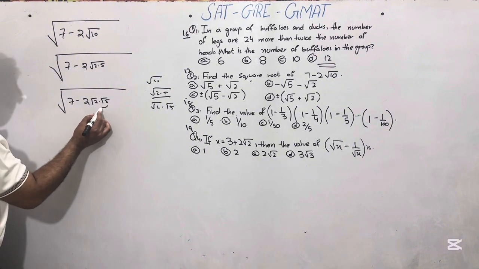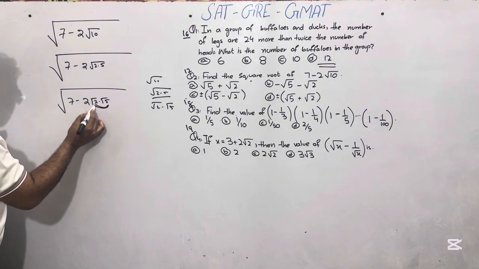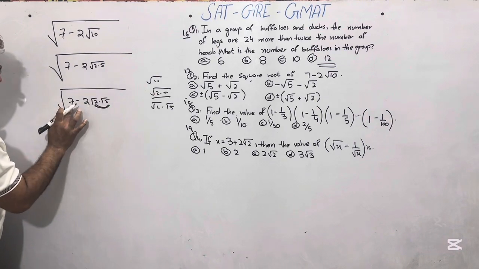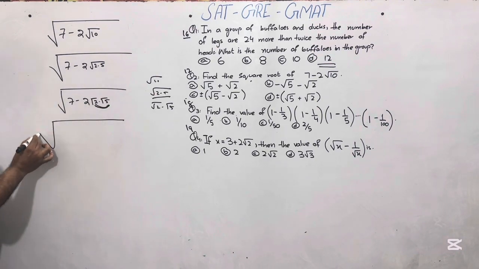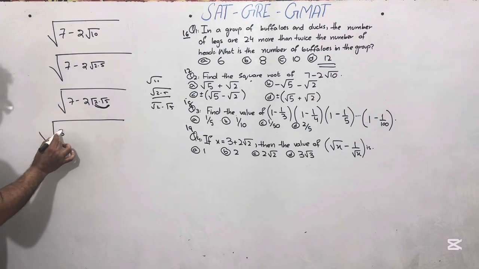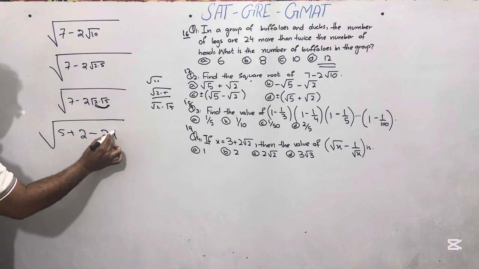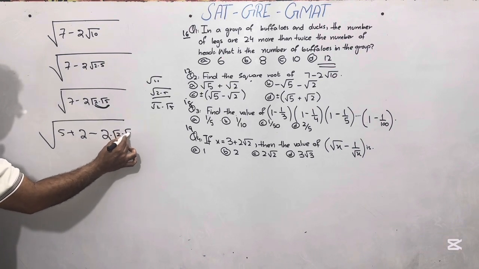Now this is our guiding principle: 2 and 5, if we add them up, we get 7. So I split 7 as 5 plus 2, minus 2 times root 2 root 5.